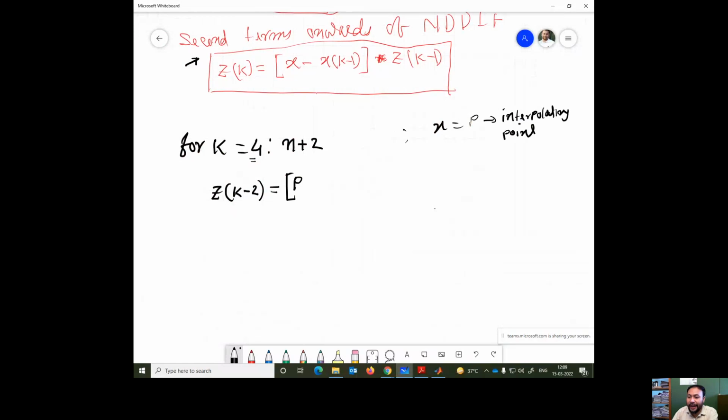If x is equal to p, I want to find the interpolation value. It means x k minus 3. Why is it k minus 3? Because if I put k equal to 4, I can get x1.